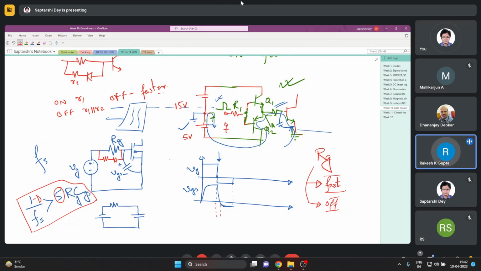In this circuit, during off time, this RG and this resistance will be in parallel, so it will be faster. But during the on time, it will not be that fast. Okay, sir.